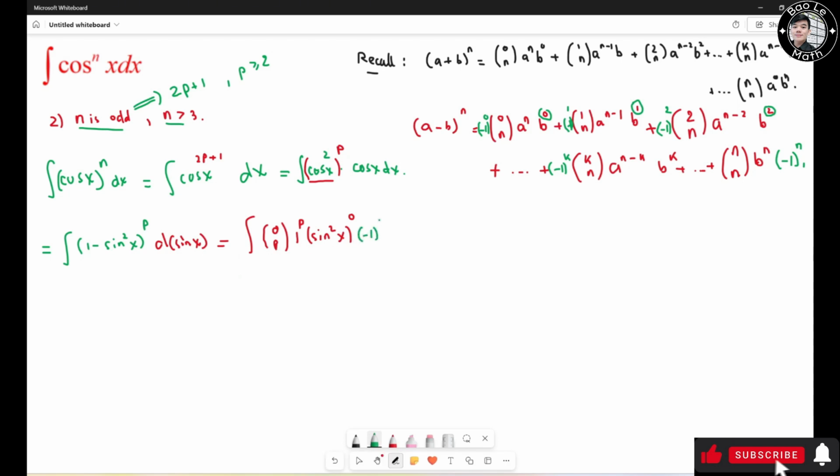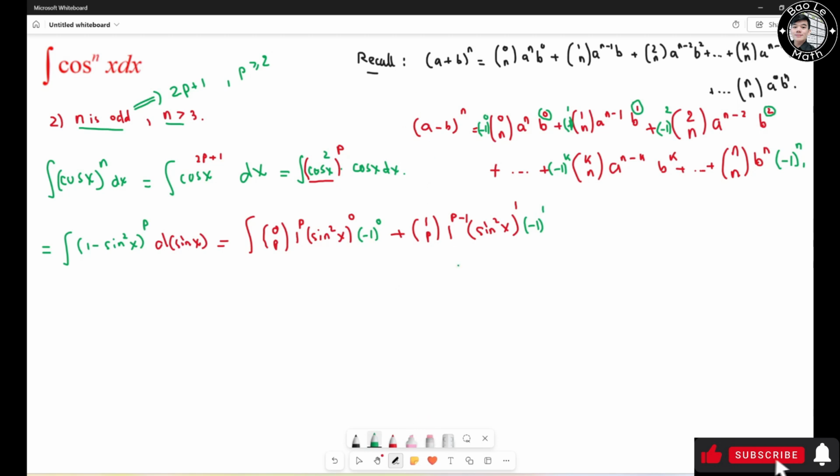Next, I'm going to add the combination of 1p, 1 raised to the power of p minus 1, sine square of s raised to the power of 1, times negative 1 raised to the power of 1.